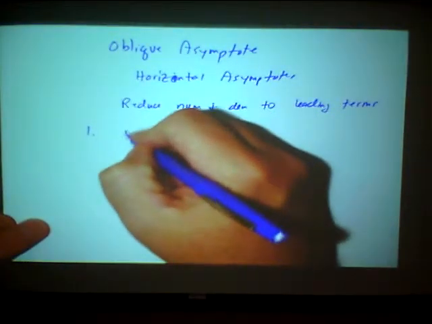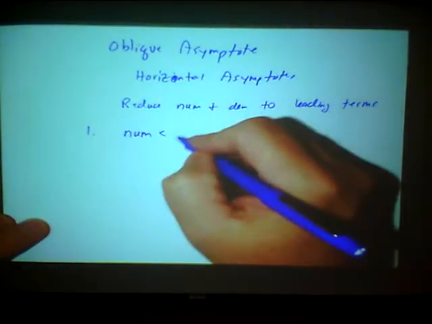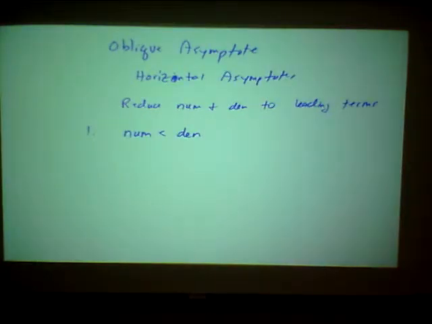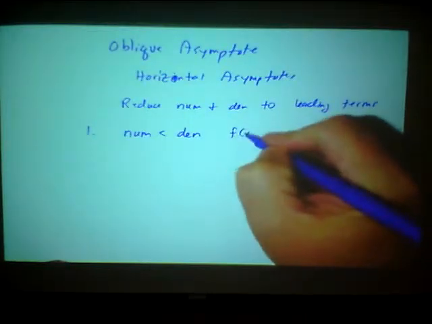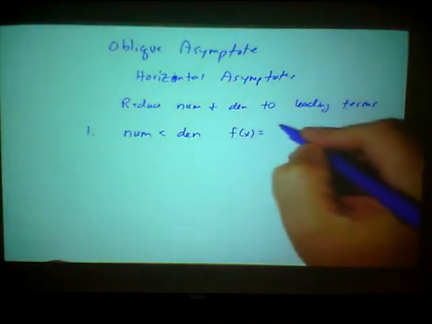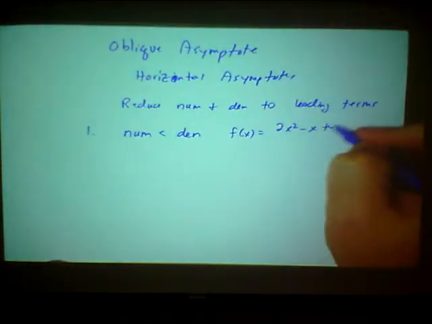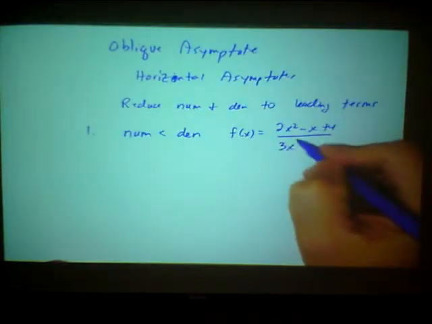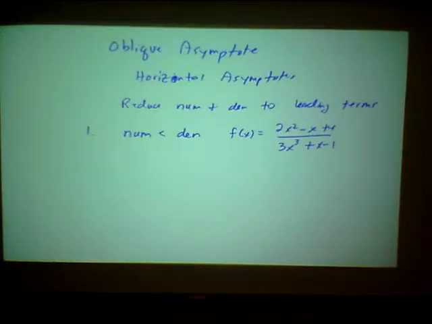First, if the exponent on the variable in the numerator is less than the denominator. Just as an example, you could have something like this: 2x squared minus x plus 4 over 3x cubed plus x minus 1.